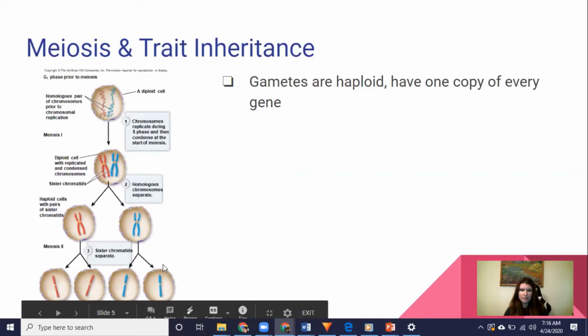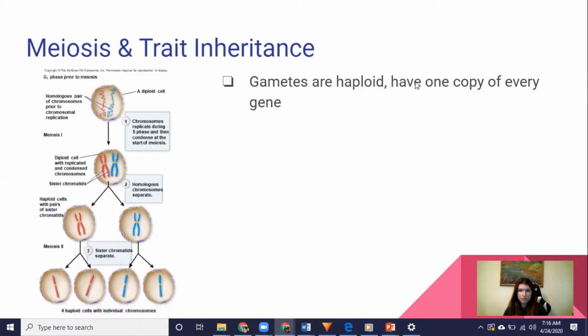So our end result is that each of these 4 daughter cells at the end of meiosis 2 essentially has one chromosome and one chromatid from each homologous pair. So they have one version of every gene. They have one allele, in contrast to the original cell, which had two versions, one on the red chromosome, one on the blue chromosome.